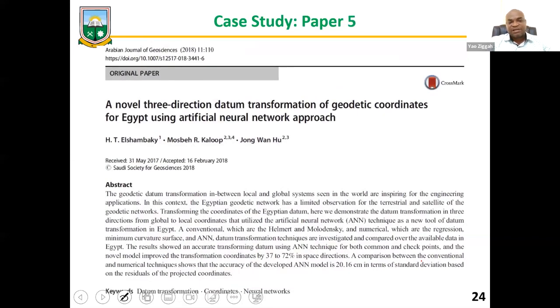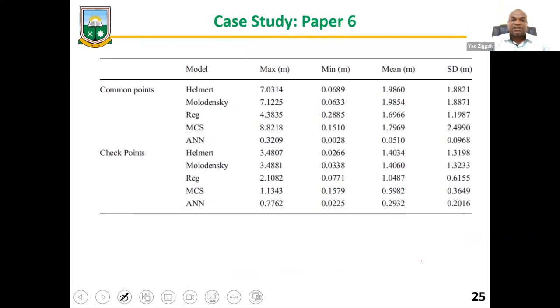Then in Egypt, Shambaki has also done a research where he also used artificial neural network and then compared with the conventional Helmert and Molodensky methods. And at the end of the day, there was an improvement in the coordinate transformation results by the ANN as compared to the conventional technique. And these are some of the results that were obtained.